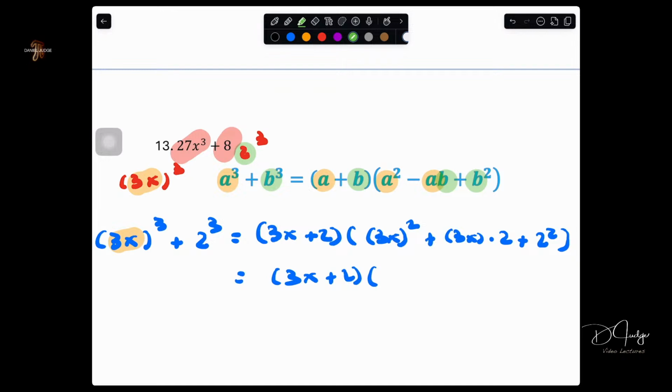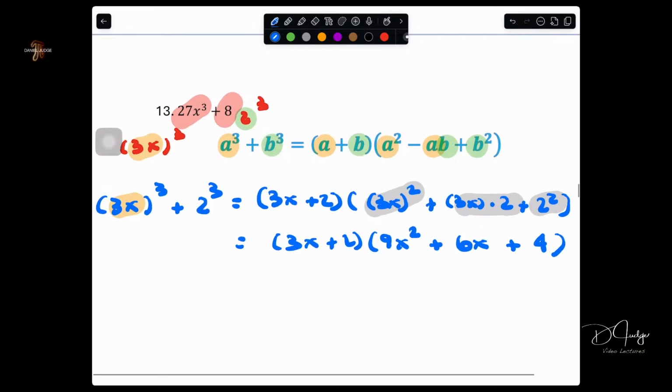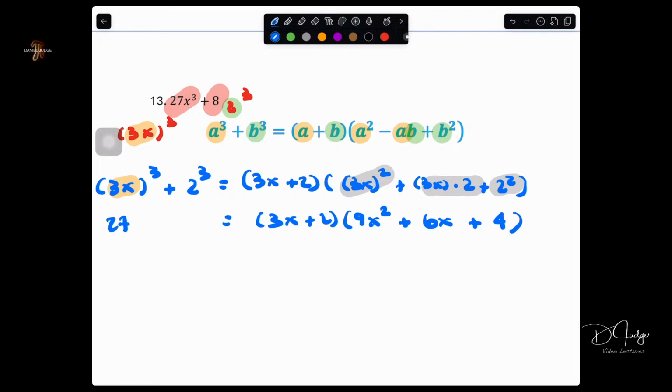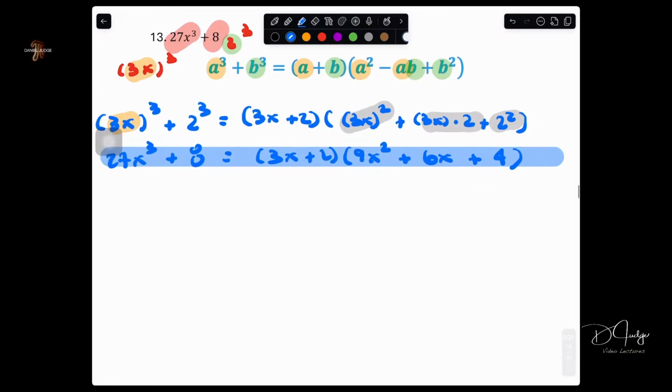Now doing your arithmetic here and here and here to simplify that expression, you'll get 9x squared plus 6x plus 4. So yes, just plug in the values where you need to plug them in.